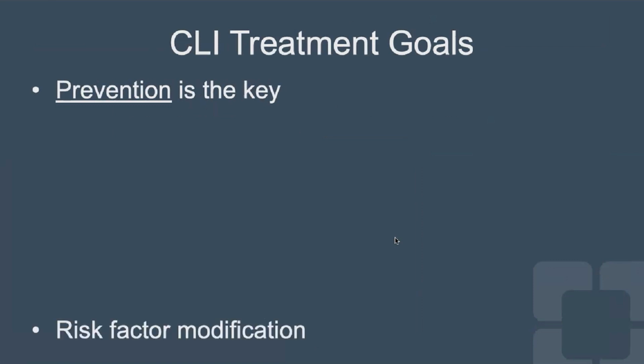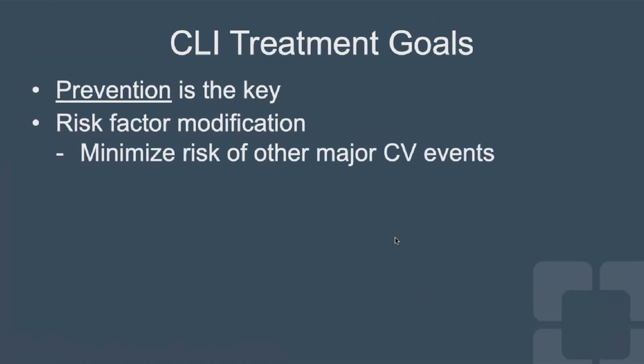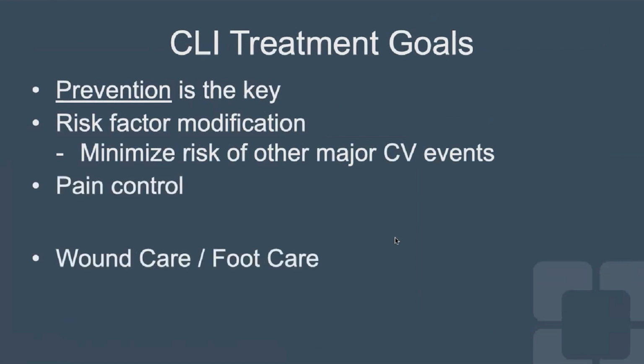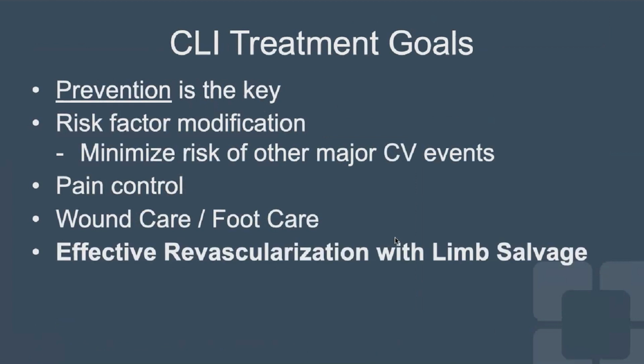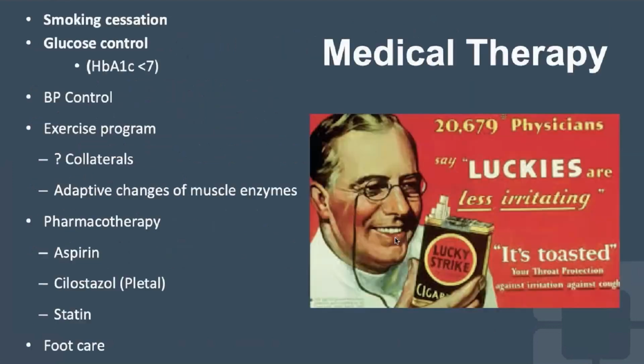It's all about modifying risk factors in these patients, and you want to minimize the risk of other cardiovascular related events. Pain control, wound care, and foot care is critical, because if these patients stub their toe on the corner of a coffee table or cut a toenail too deep and they're diabetic and they don't have great blood flow, that could likely lead to loss of limb. And then ultimately, if they need it, effective revascularization, and that's kind of what we're getting into.